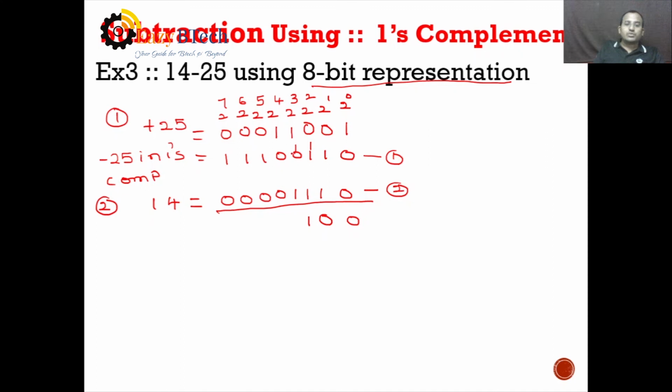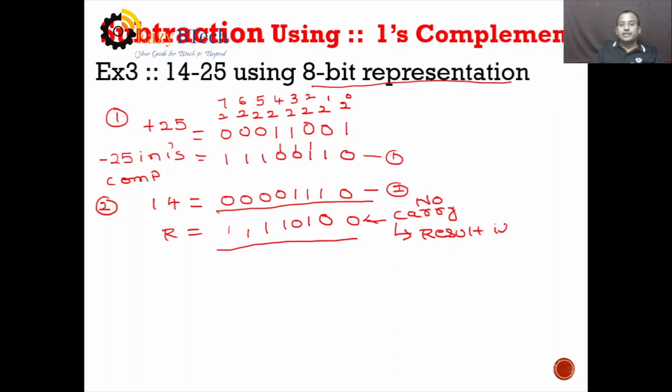Again 1 plus 1, again 1 plus 1, sum 0, carry 1. If we add, this will give 1, this will give 1, this will give 1 and this will give 1. Here also, in the result we didn't get any carry, right? No carry.